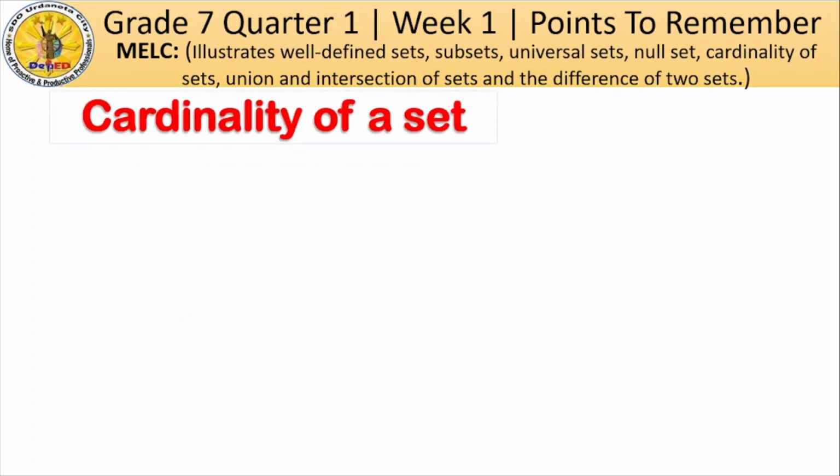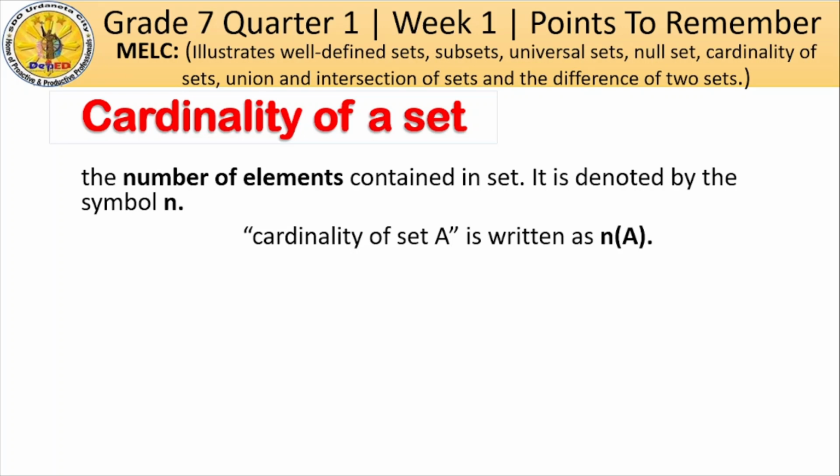Now, let us discuss the cardinality of a set. Cardinality of a set is the number of elements contained in a set. It is denoted by the symbol n. Cardinality of set A is written this way. For example, let us find the cardinality of set B, having the elements 1, 2, and 4.